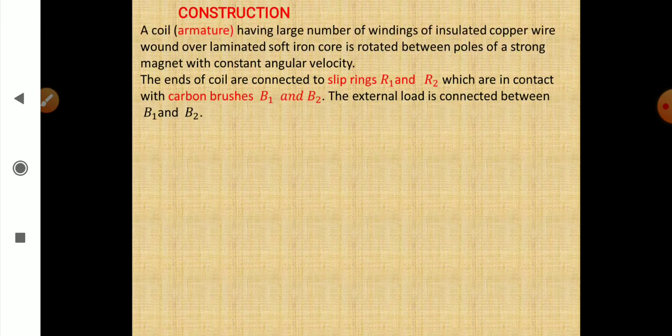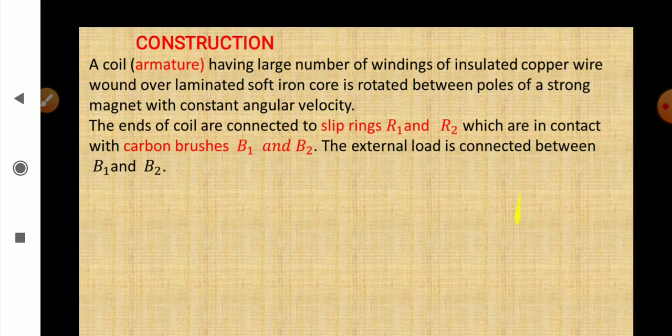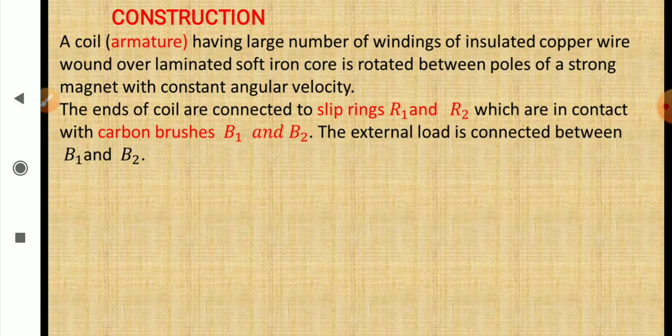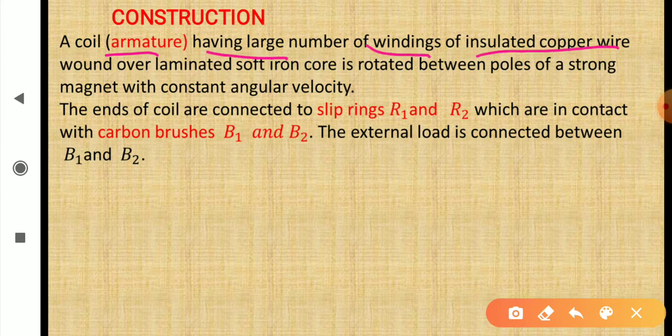Construction, as I have discussed: a coil called the armature, having a large number of windings of insulated copper wire wound over a laminated soft iron core, is rotated between the poles of a strong magnet with constant angular velocity.